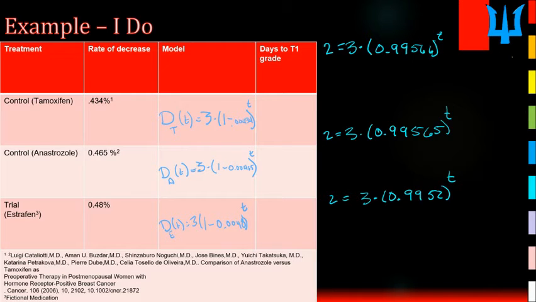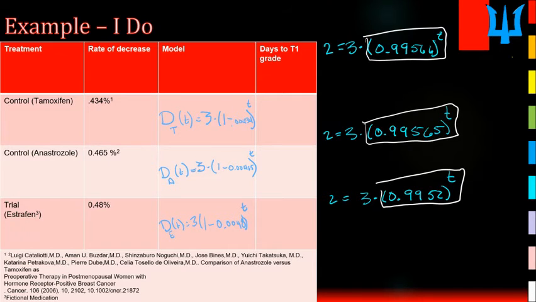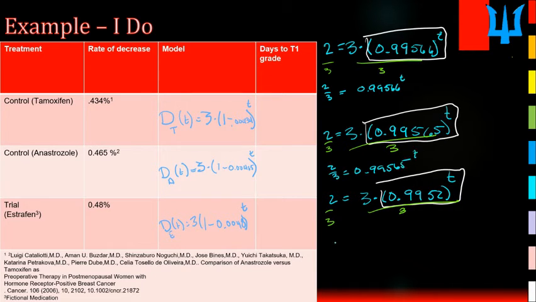For each of these, I want to get the exponential piece by itself. So I need to get rid of those 3. After that, I need to get that t out of my exponent, so I'm going to use ln.